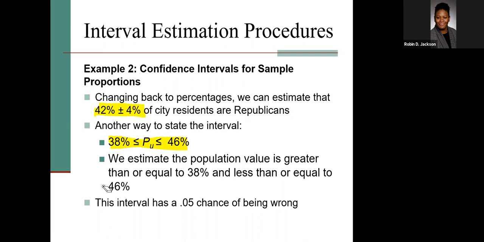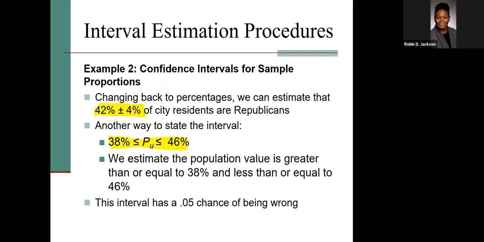Then the way you would interpret this when you turn that proportion into a percentage, we estimate the population value is greater than or equal to 38% and less than or equal to 46%. Oh, excuse me, I missed a word.